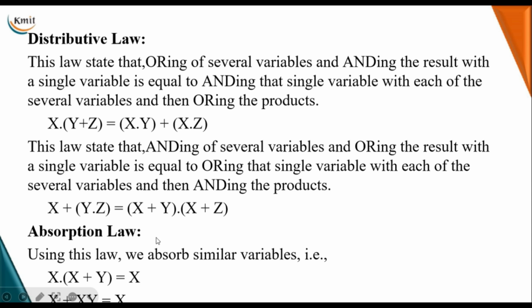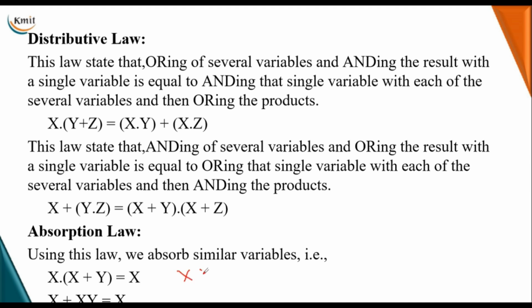Using this absorption law, one of the variables is absorbed. So I have taken x AND (x OR y). Here the y variable is absorbed. After distributing this, x AND x OR x AND y, and taking the common variable x, we obtain the x variable, and the y variable is absorbed.